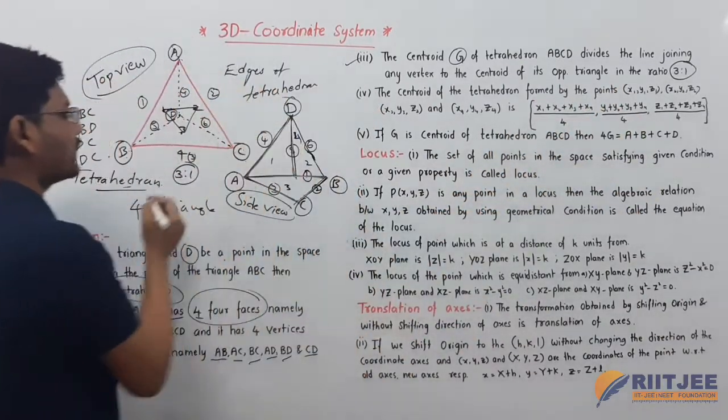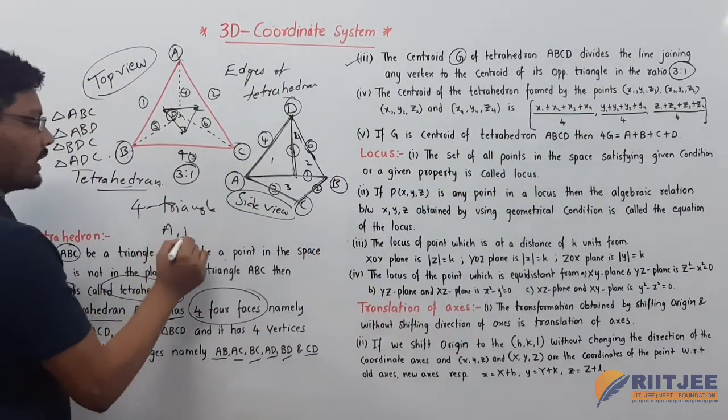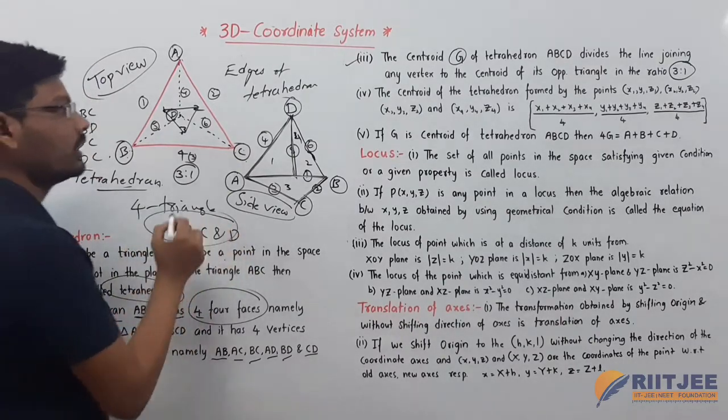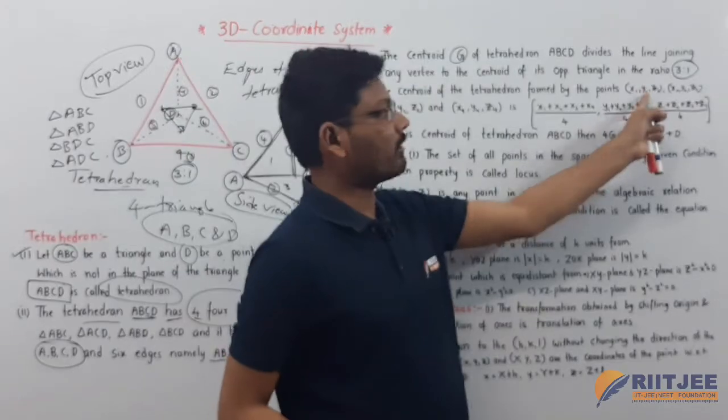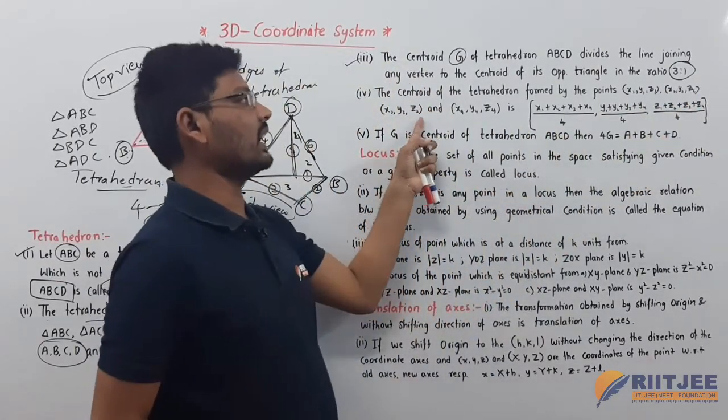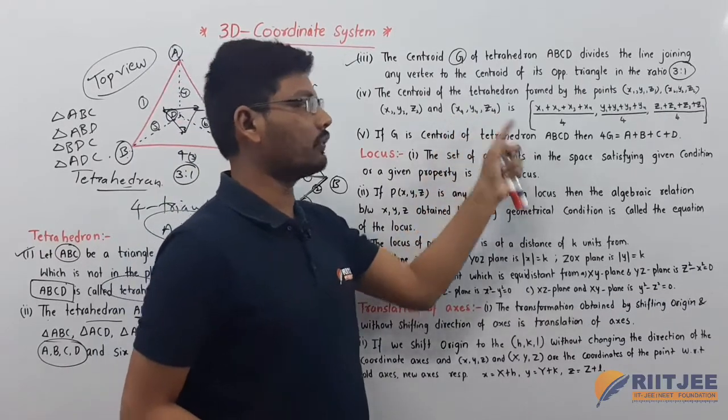And the centroid of the tetrahedron is formed by the 4 points A, B, C and D. These 4 points have coordinates x1, y1, z1 and x2, y2, z2, x3, y3, z3 and finally x4, y4, z4.